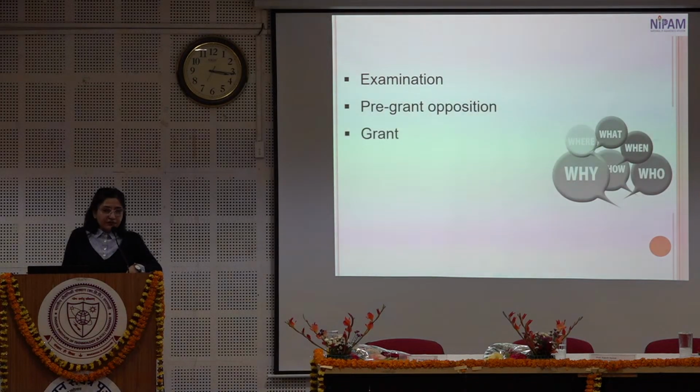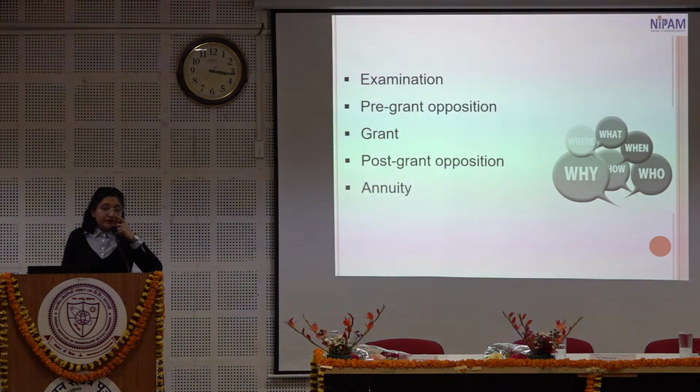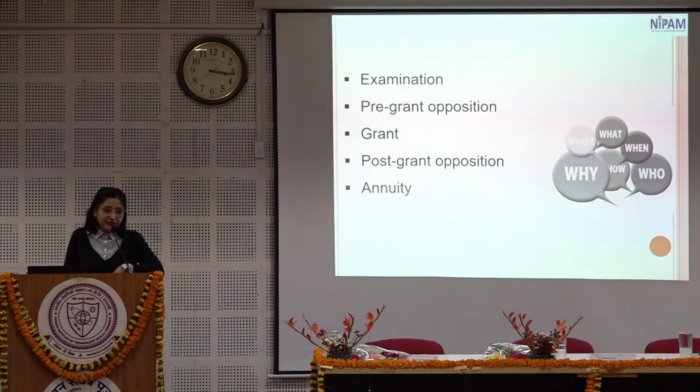So what happens after examination, or what are the different hurdles, so to say, which come when you are filing a patent application? There is the examination. When your patent application is published, it is now in the public domain, and people know about it. Suppose there is a competitor of yours.